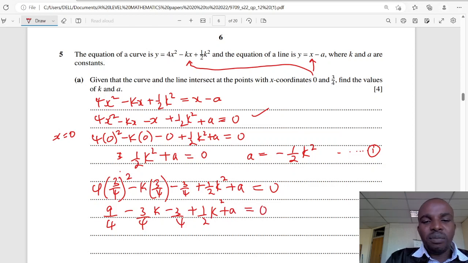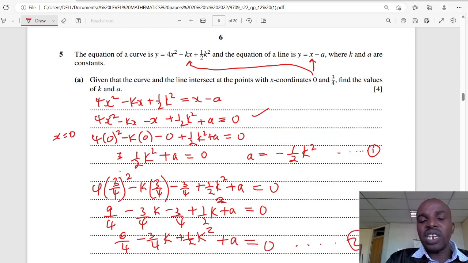This will be squared, please take note. So 9 over 4 minus 3 over 4 is 9 minus 3, which is 6. So it will be 6 over 4 minus 3 over 4 k, then plus half k squared plus a is equal to 0. This will be another equation. You can call it equation number 2.